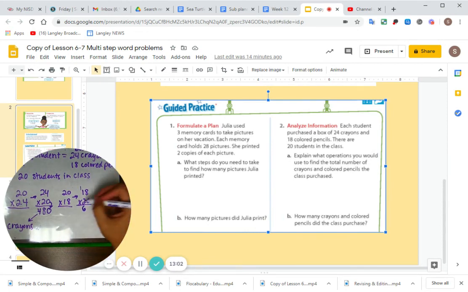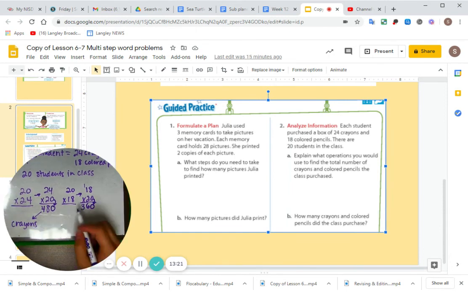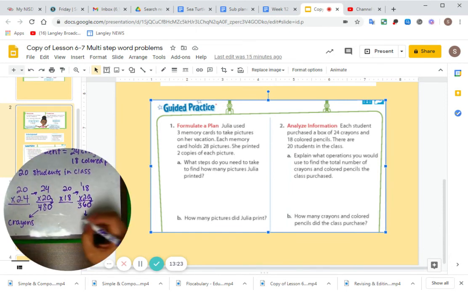We put the 6 down, and we carry that 1. Now we do 2 times 1, good, plus the 1. 2 plus the 1 is 3, good. So we put the 3 down, and then I can't forget about that 0, so the 0 goes back there. So that means for colored pencils, they had 360.